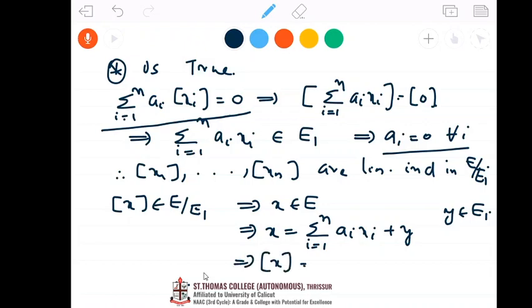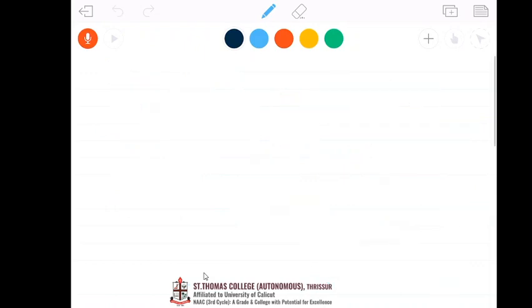Class of x will be the summation of ai class xi plus class of y. But y is in E1, then class of y is nothing but class of 0. So we get class of x is equal to the summation over i equal to 1 to n of ai class xi.